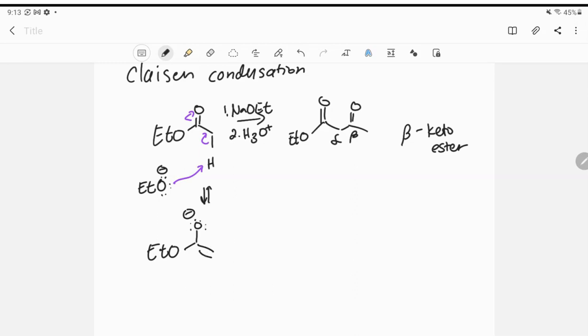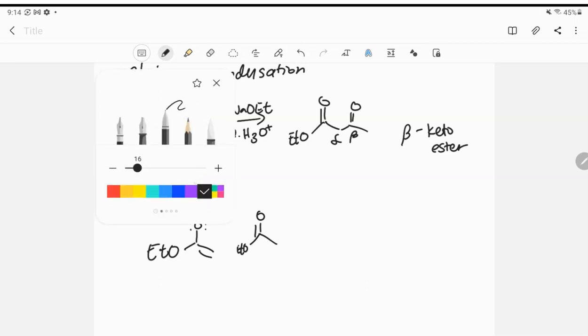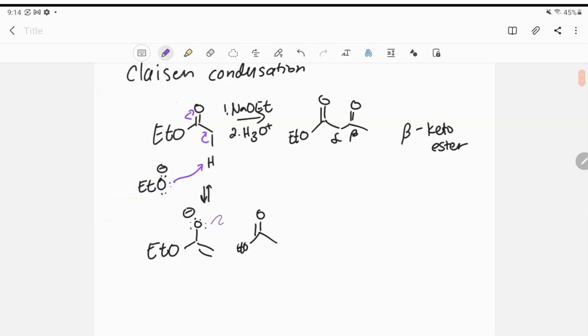We have our enolate. That is going to come down and find a new friend, an electrophile. So that closes down and attacks another molecule.